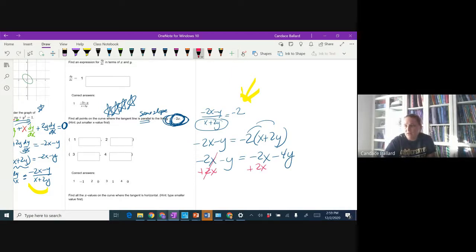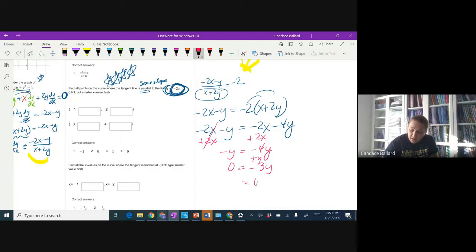It cancels. Now I've got negative y equals negative 4y. I am going to add this y to the other side, so I get 0 equals negative 3y, meaning that y is equal to 0.